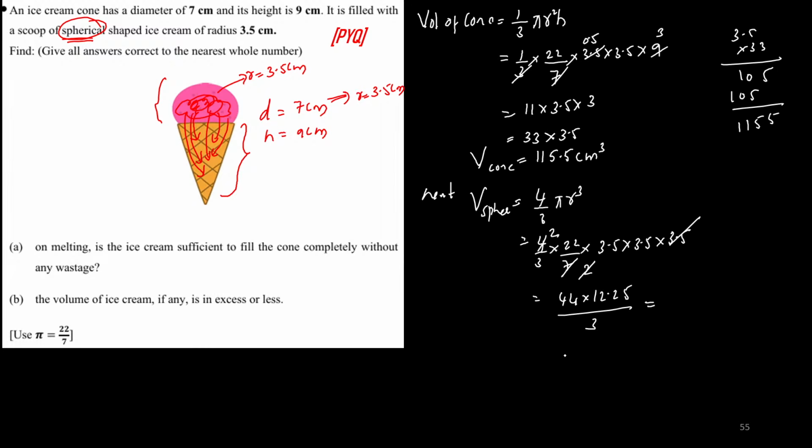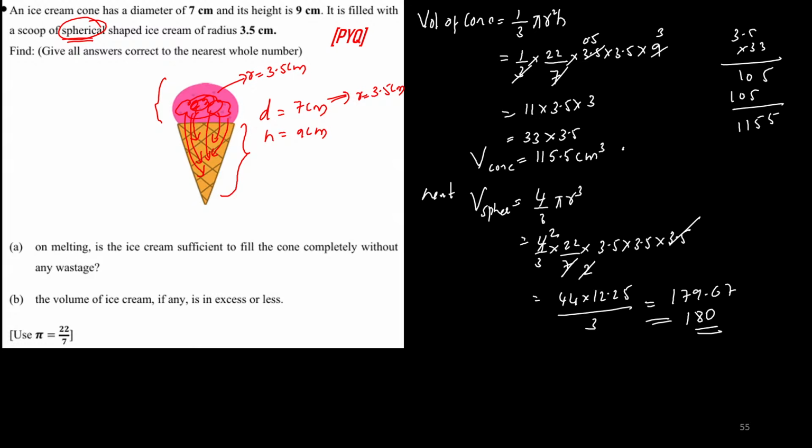So what are you going to get over here, children? You can keep that answer, no issues. The total answer is going to be 179.67 when you simplify this. Since they are telling you to round it off, we can round it off to 180.